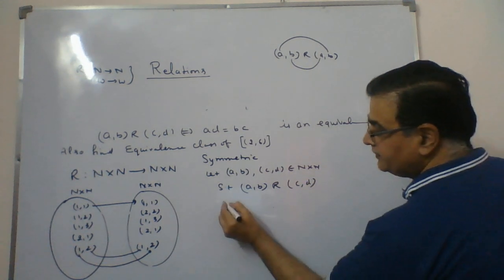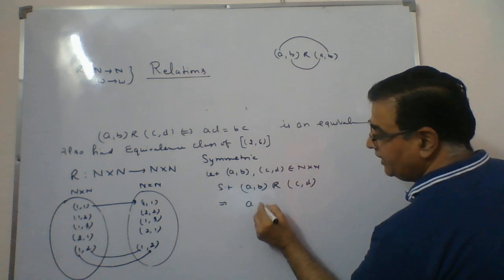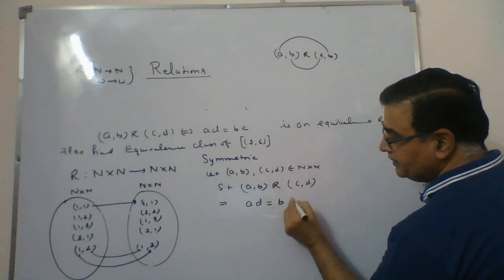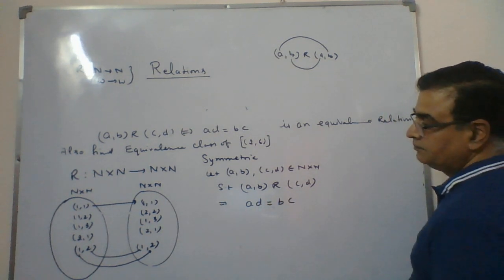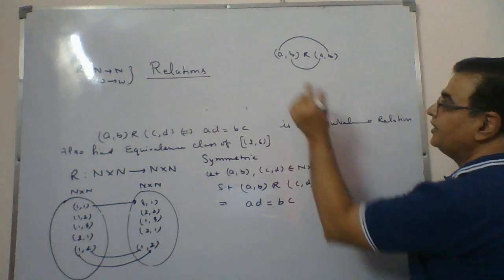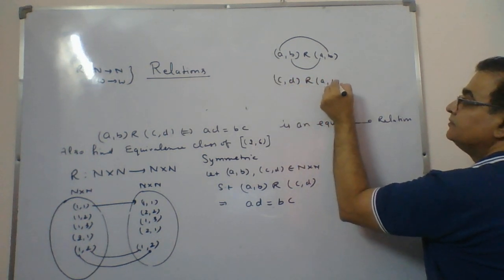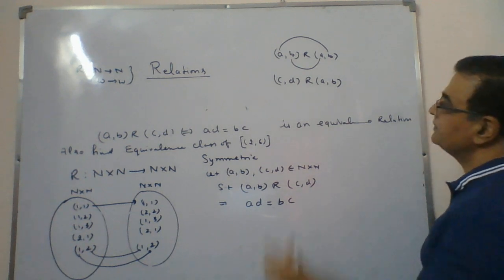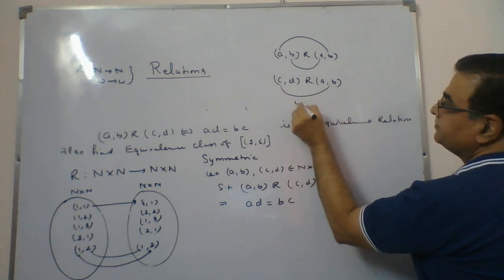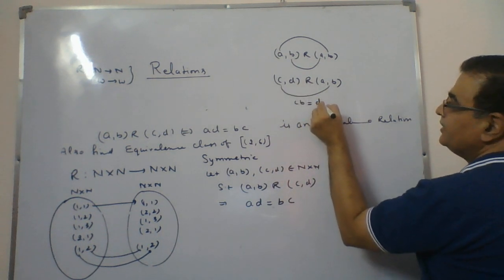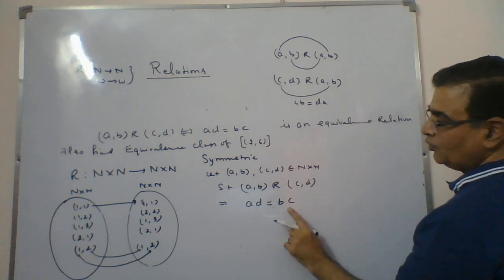If (a,b) relates with (c,d), what does it mean? It means ad is equal to bc. And now what I have to check is whether (c,d) relates with (a,b) or not. In the rough you can check this. This I need cb and this I need da. Can you write this?